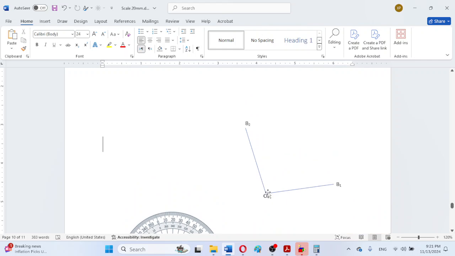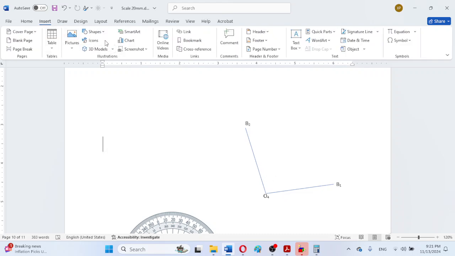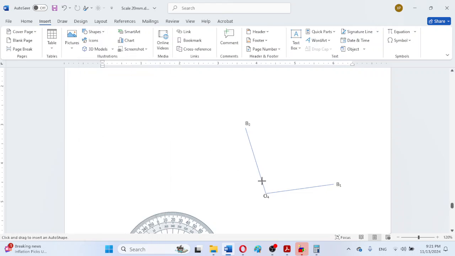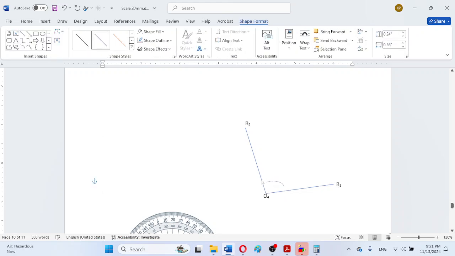So at any random location, it is not necessary that the mid position of this rocker be vertical, that is not necessary. At any random location these rocker positions can be drawn, and the angle between them can also be specified using this arc.